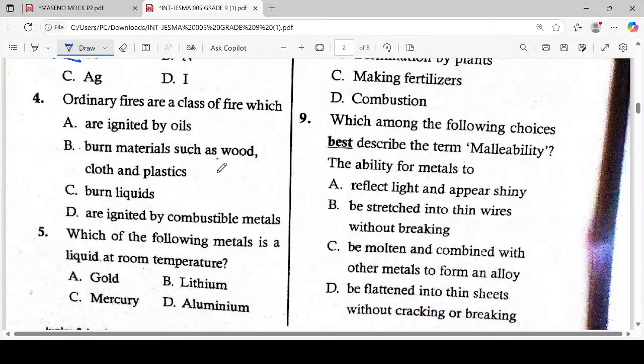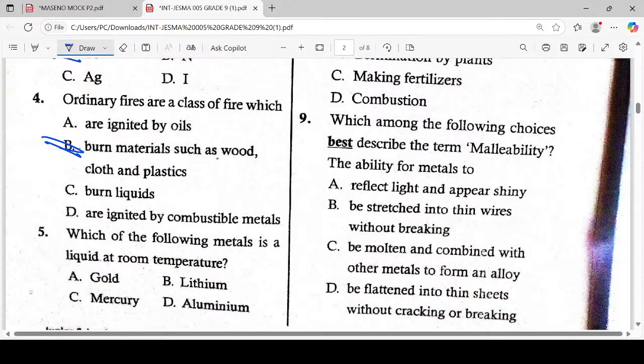One, they are ignited by oils. No, ordinary fire is not ignited by oils. Part B, they burn materials such as wood, cloth, and plastics. Yes, ordinary fire can burn wood, and can also burn clothes or plastic. So the most appropriate answer here is A.